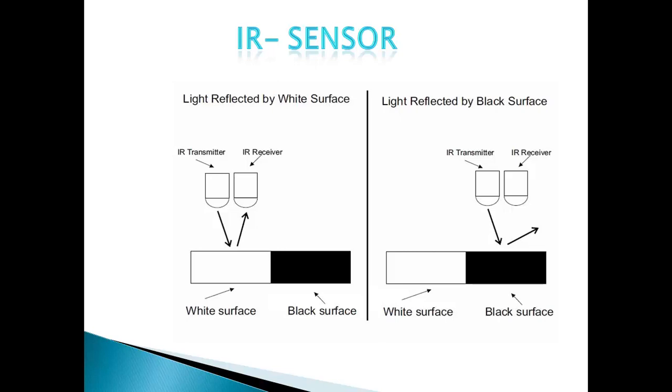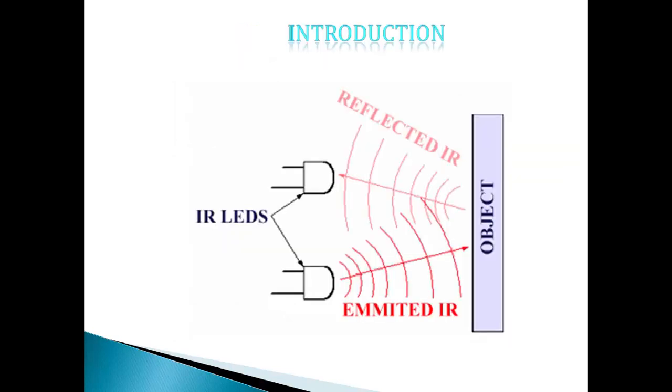So what is the concept behind this IR sensor? As you can see in this diagram, we have two different LEDs. One is the emitter IR and the second is the reflector IR.